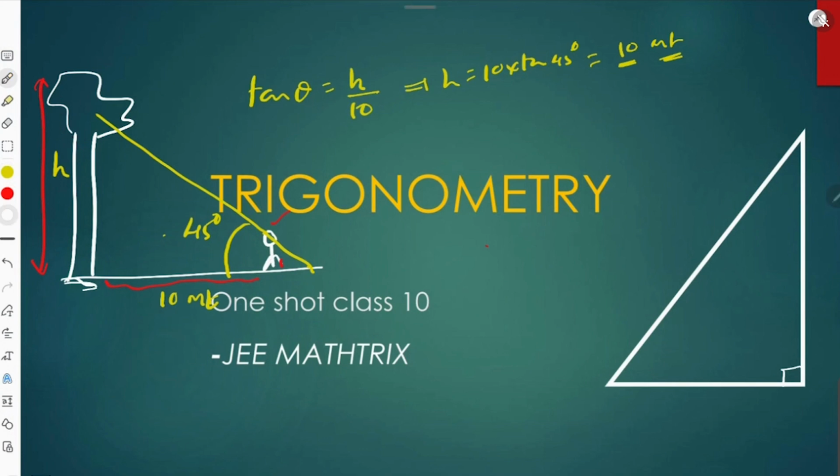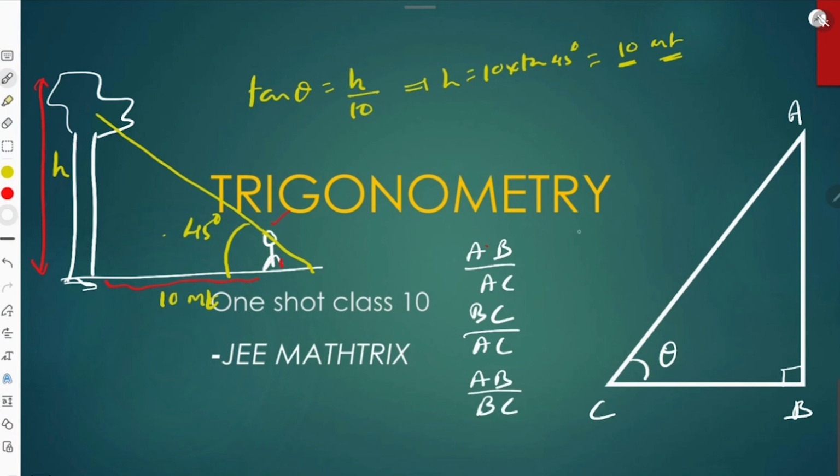So here, a right angle triangle ABC is being considered, and in this case we are trying to take all possible ratios. What are all the possible ratios of the triangle ABC? With reference to the angle theta at C, AB by AC, or BC by AC, or AB by BC, or the reciprocals, AC by AB, AC by BC, like that.